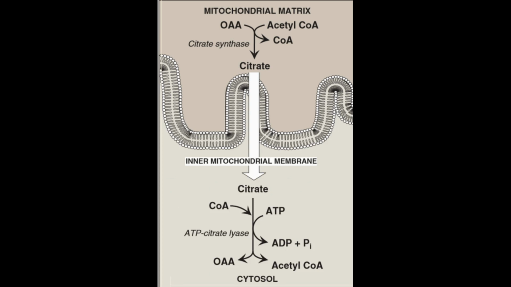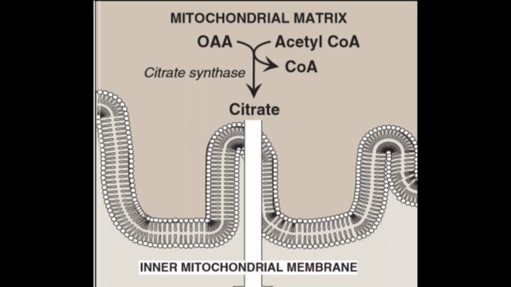Now, I told you that it is a cytosolic process. So pyruvate is obtained from glycolysis in the mitochondrial matrix, so it needs to be transported into the cytosol. Acetyl coenzyme A on its own cannot be transported. It has to become citrate with the enzyme citrate synthase, combined with oxaloacetate, the first step of the Krebs cycle.